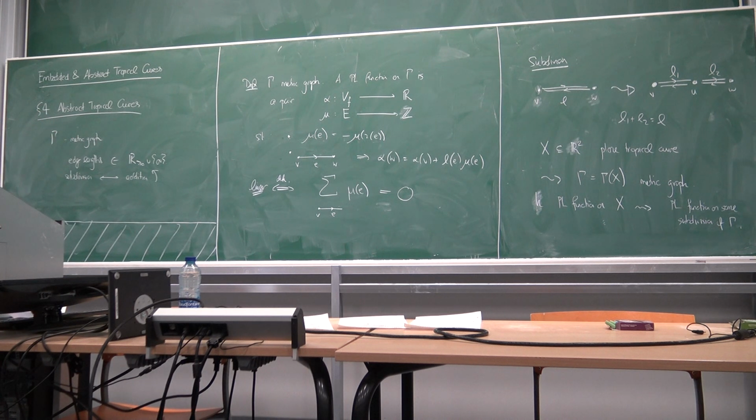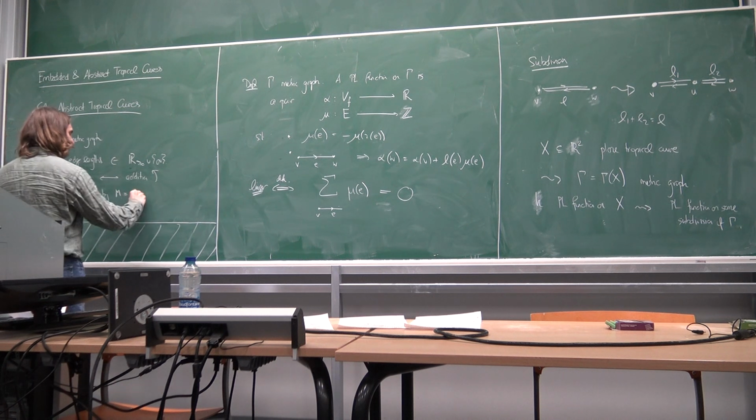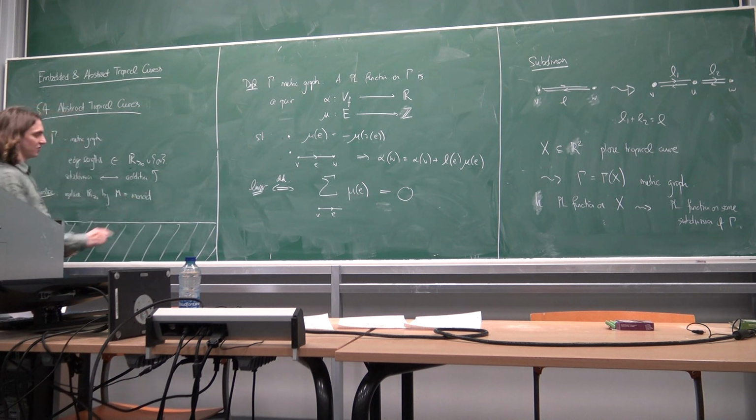And kind of what they do in the paper, I think, it had been done before, but the version of tropical curves they use in the paper generalizes this by replacing the positive real numbers here by an arbitrary commutative monoid. If I follow the conventions of the previous talk, all monoids are commutative.